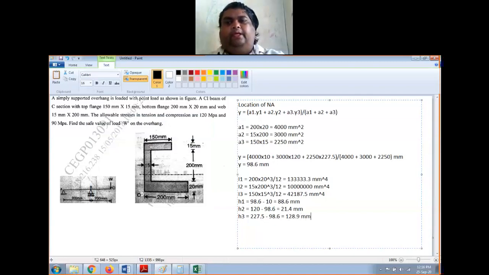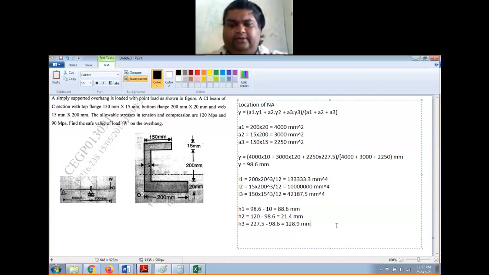Okay, now I have I1, I2, I3, H1, H2, H3, and also I have A1, A2, A3. Now I can calculate the moment of inertia about the neutral axis of the entire cross section.